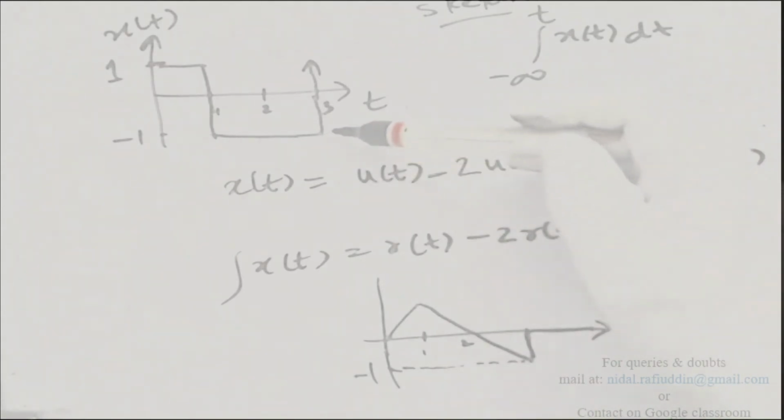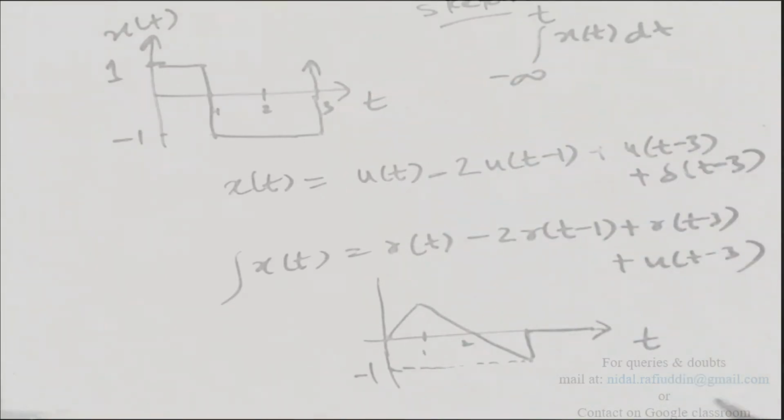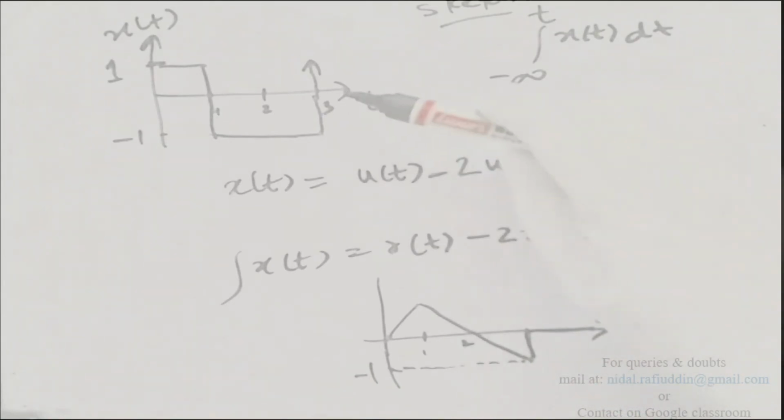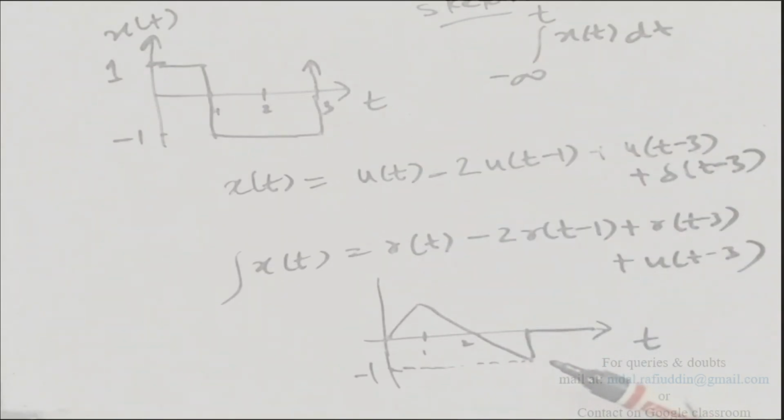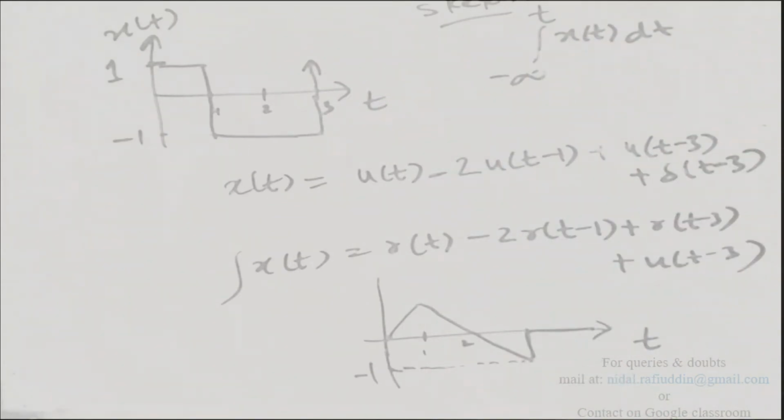Then again the transition, and again we have an impulse of unit magnitude, which if integrated will result in a step value. So that again is going to be represented at this particular point. If you integrate this line which exists for no duration of time, this particular transition, then the integration would lead to 0.